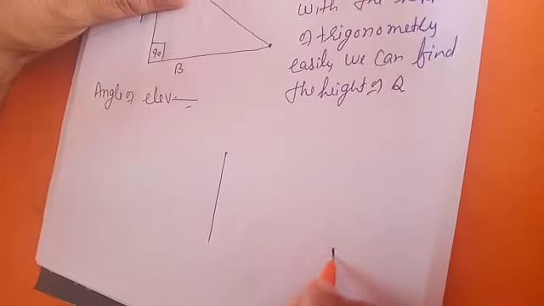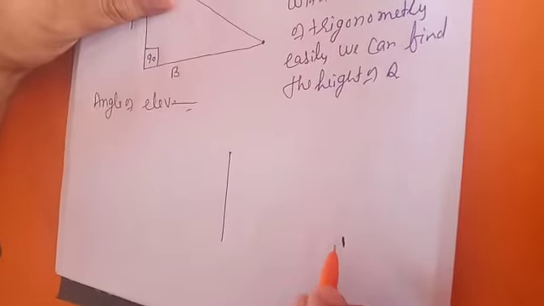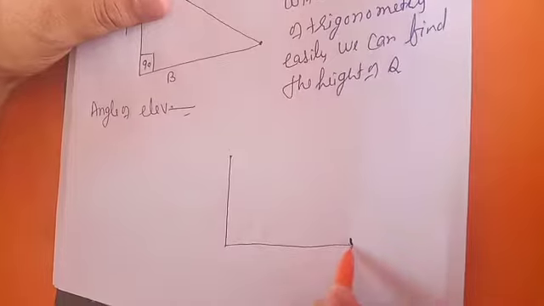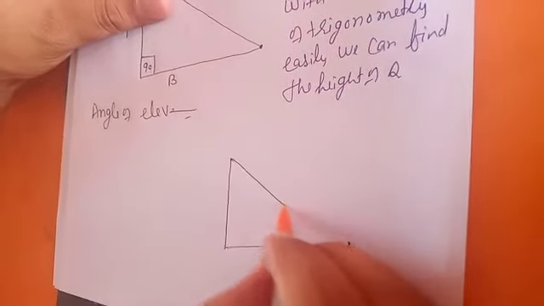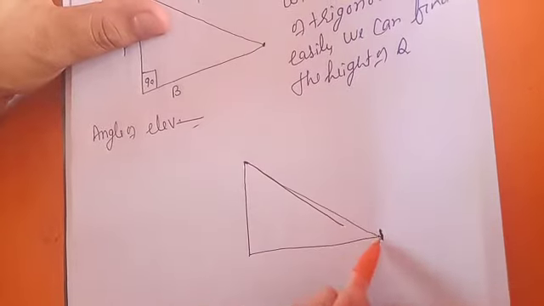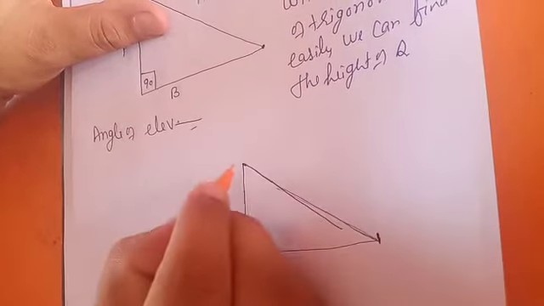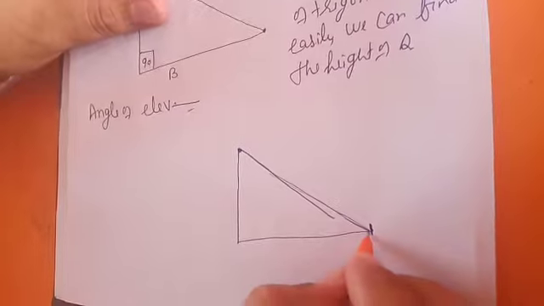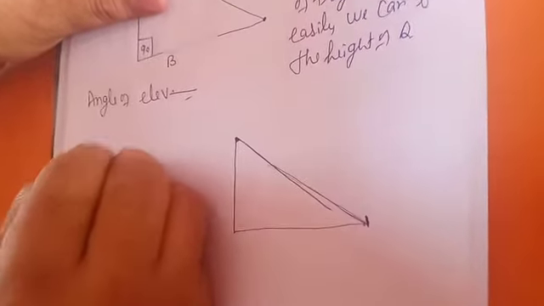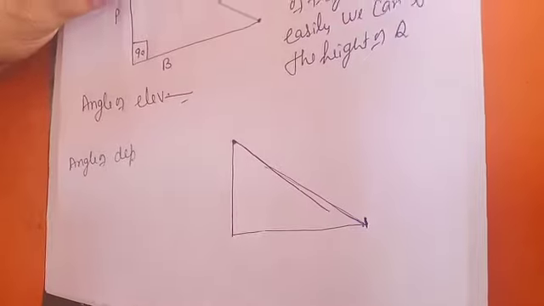Looking at this, an angle is formed. The girl is sitting here looking downside. This is called the angle of depression.